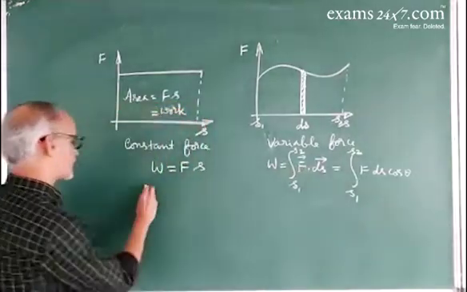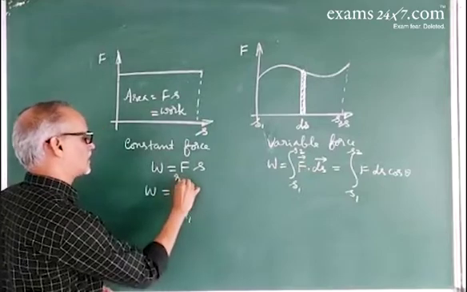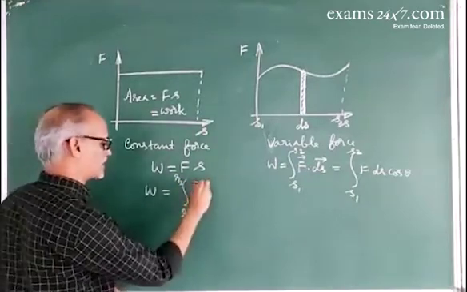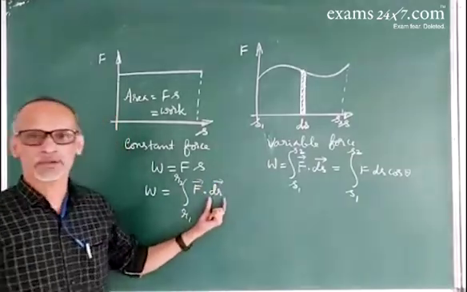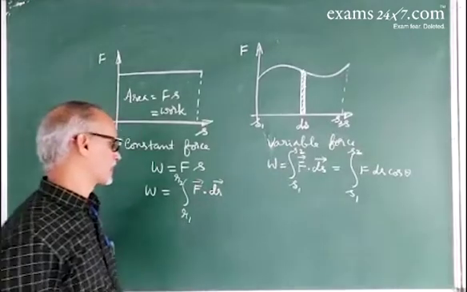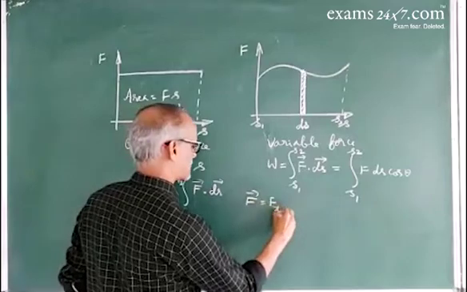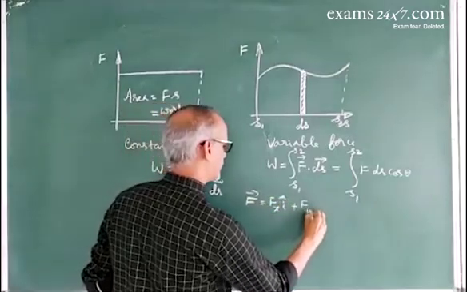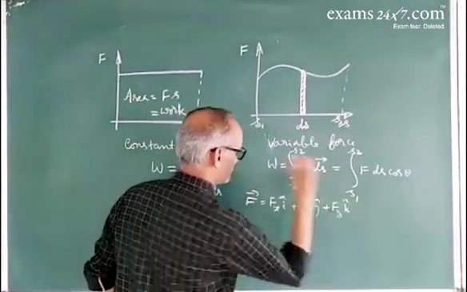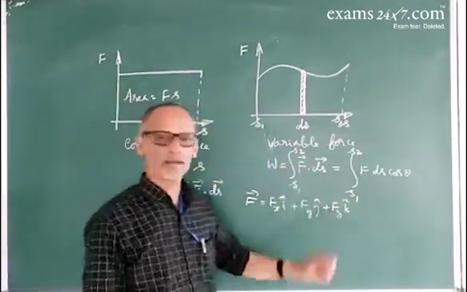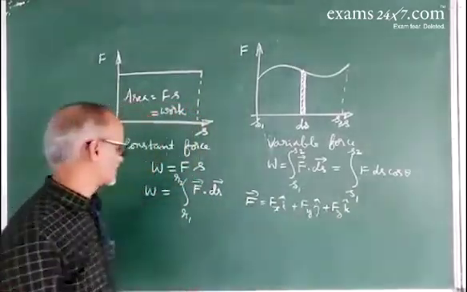That is, W is equal to the integral, with limits R1 to R2, of vector F dot vector dr, where dr stands for the position vector, and F is given by Fx i cap plus Fy j cap plus Fz k cap, where Fx, Fy, Fz are the components of the force along three different axes.